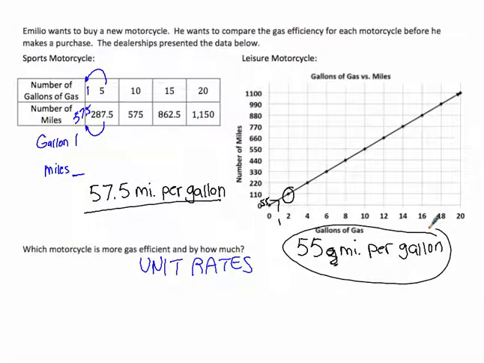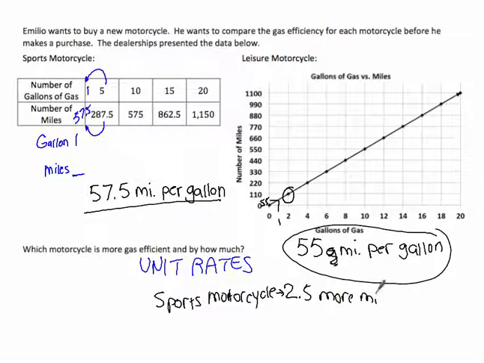So, which is more efficient? Well, the sports motorcycle is, because you are getting 2.5 more miles per gallon. That's an example of how you can use different types of data to come up with unit rates and answer questions.